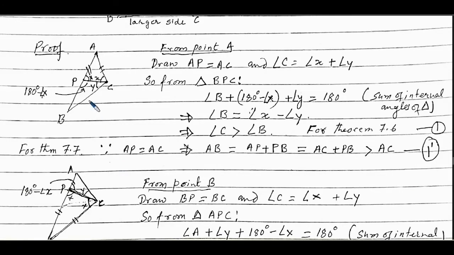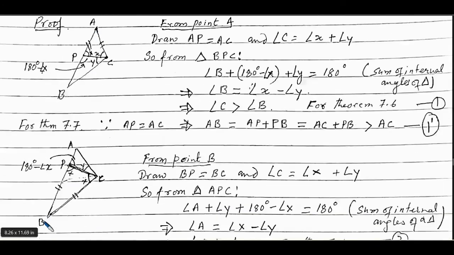So now, instead of point A, we take point B here. Since this is the longest side, using a compass I measure this side and draw point P here, and draw an isosceles triangle.